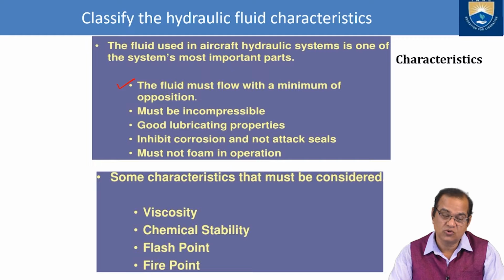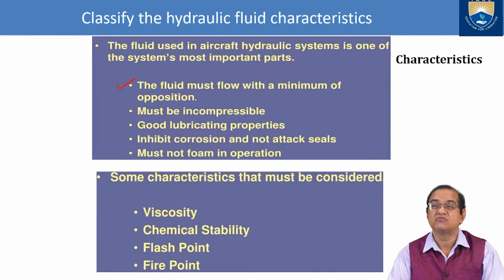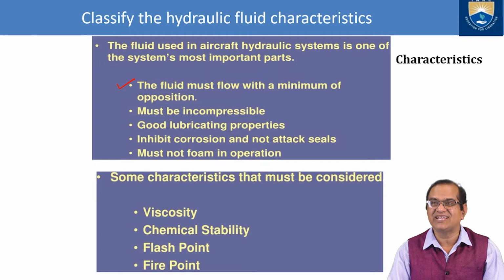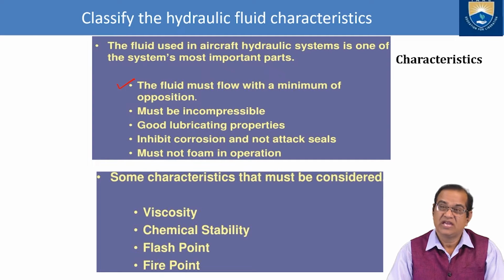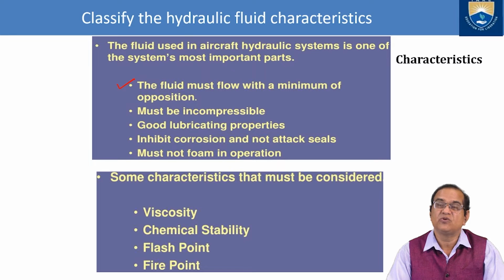Rubber seals are there, so whatever seal material we are using, the fluid should be friendly. It should not deteriorate the seals. Otherwise, if the fluid is not proper and is doing some chemical reaction, the seal will deteriorate and leaks will start. So the fluid should be very friendly with the seal material.